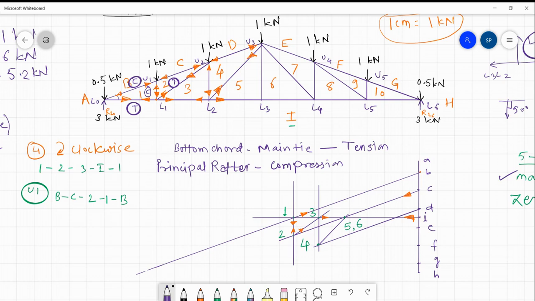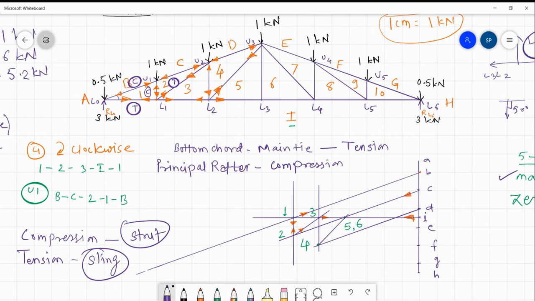Whichever internal member is carrying compression is referred to as a strut. In this particular truss, the struts are vertically placed. The internal members subjected to tension are termed as slings, and in this configuration, inclined members are slings.